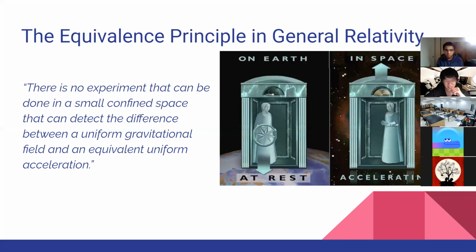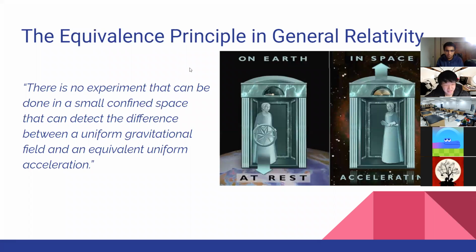Can you tell whether you're on Earth or accelerating in space? All the physics laws are the same in these two elevators. You can try to drop an object, but it's all the same. You can't tell the difference.